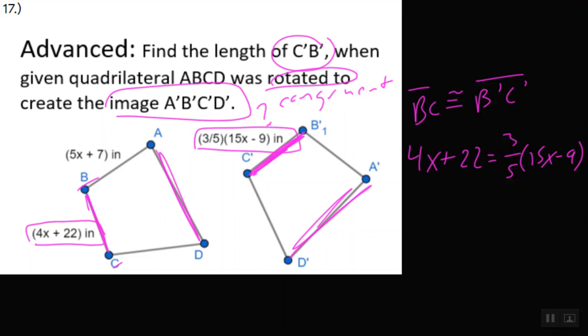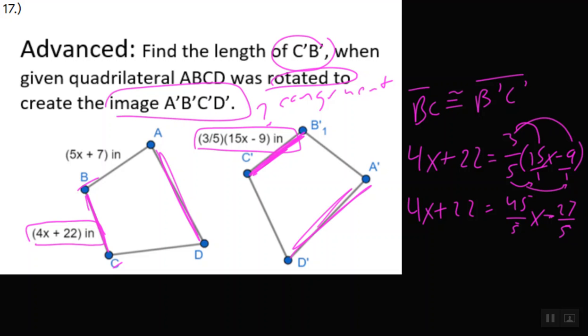Now from here, guys, I know y'all struggle with fractions sometimes, so I'm going to do one step for y'all. Okay, 4x plus 22 is equal to, I put both of these numbers over 1, and when I multiply the top times top, 3 times 15 is 45, over 5 times 1 is 5x. 3 times negative 9 is in fact negative 27 over 5 times 1 is 5.